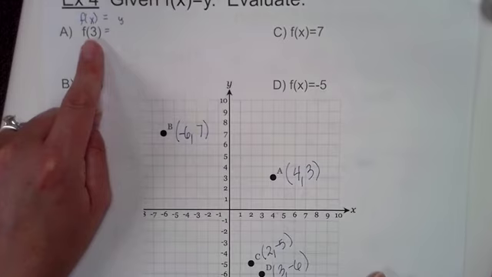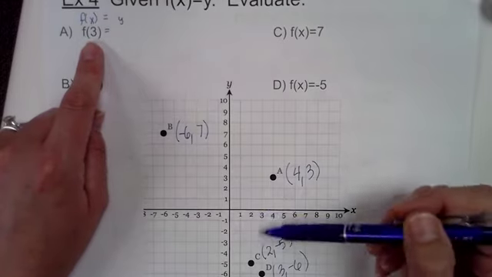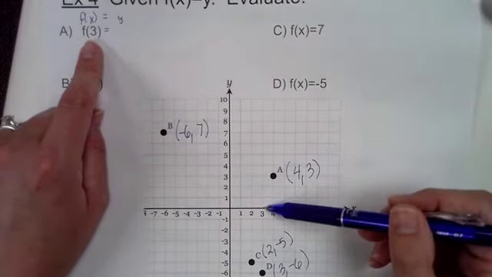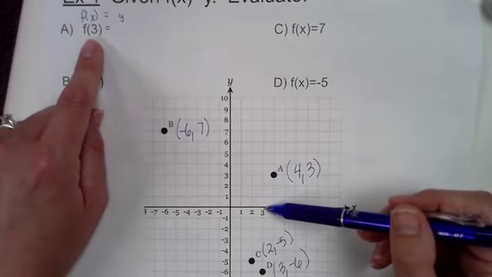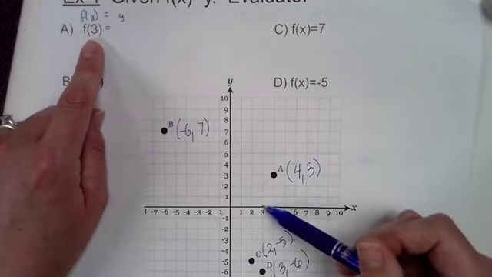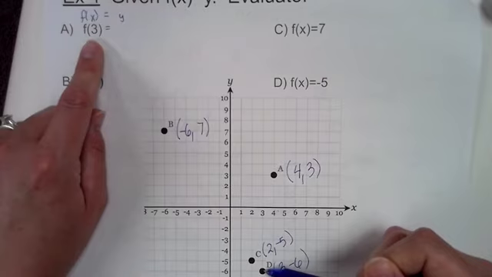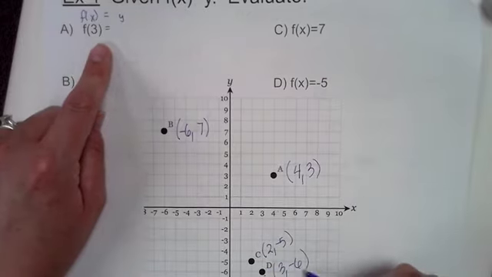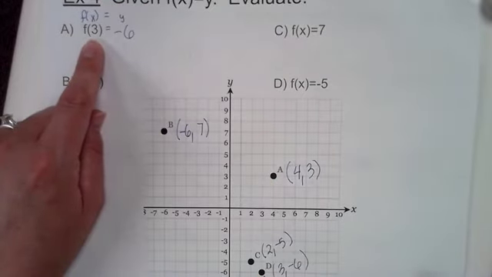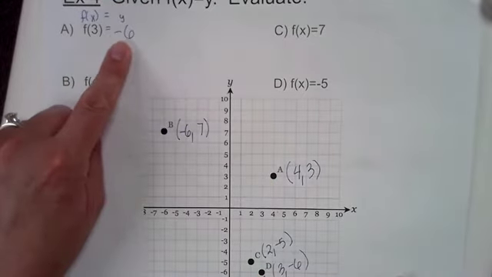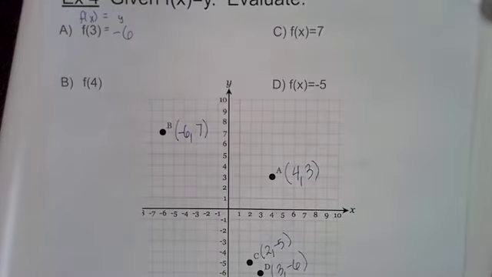Let's look at our graph and go to where x is 3. And what's our output? What point has an output when x is 3? D, yeah, that's point D. And what's its output? -6. So all it's asking for is, what's your ordered pair? 3, -6. That's our ordered pair. Pretty easy.